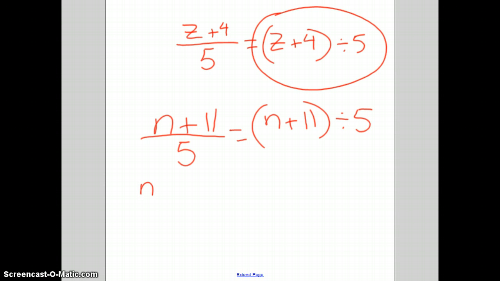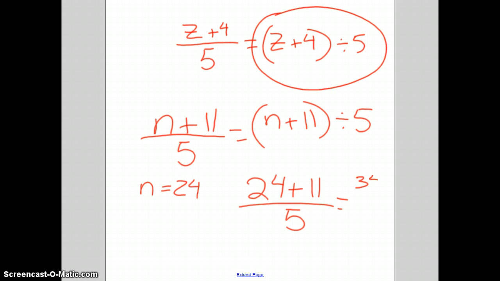So if n equals 24, what's the answer to this problem? Well, we would replace the n with the 24, right? We would say (24 plus 11) over 5. What is 24 plus 11? 35.